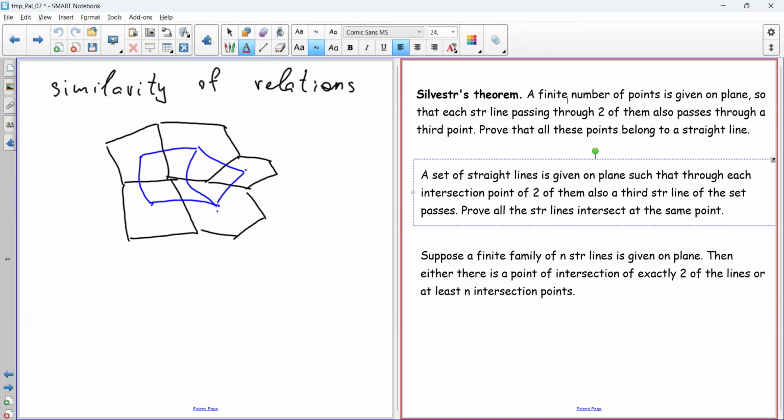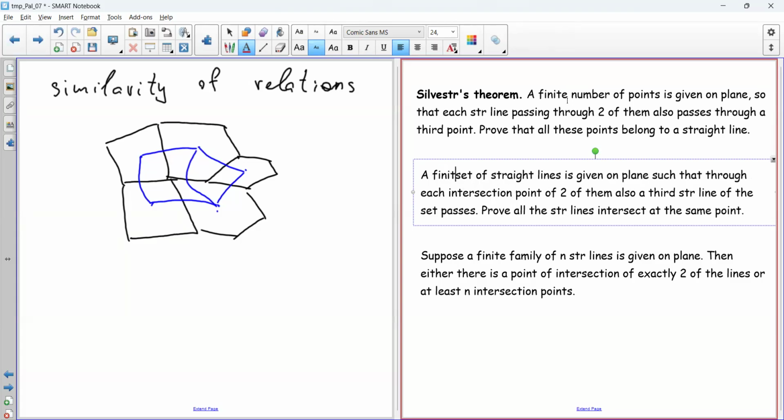So if we had a finite number of objects, it should be a finite number of objects. So a finite set. Yeah, thank you. And here, everywhere, like in combinatorial geometry, almost always a line means a straight line, even if it's not specified.